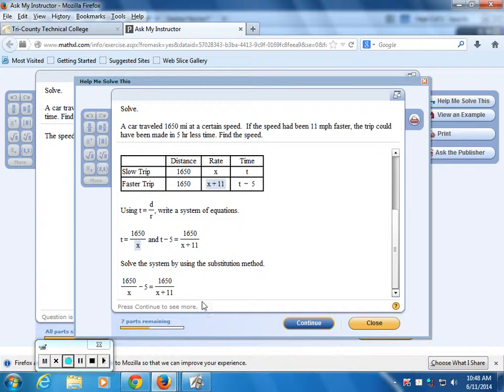But they have the T minus 5 with the X. Did I have that? You put it on the other one. That's why I put mine on the left side, because I don't understand why it would be on the left, because it goes with this. It goes with the faster trip, doesn't it? Why would you put it with this one?